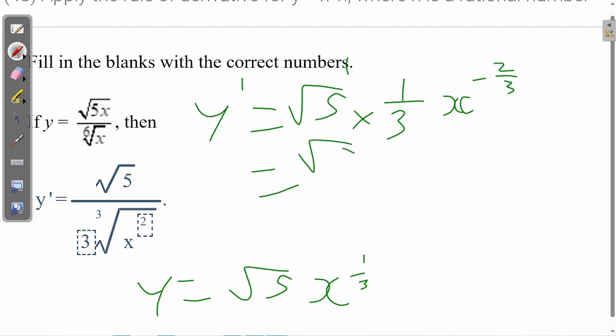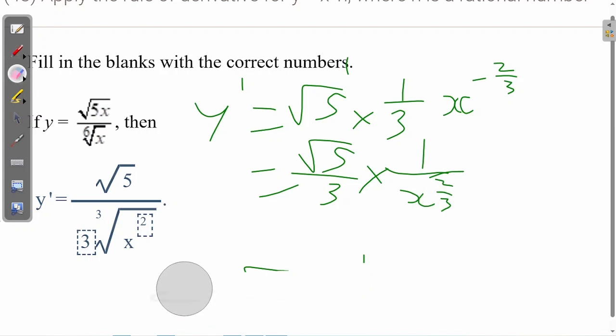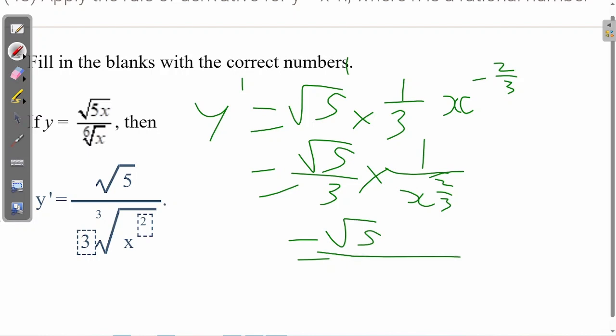So then radical 5 over 3 times, to make it positive you bring it to the denominator, so 1 over x to the power of 2 over 3, equals radical 5 over 3.